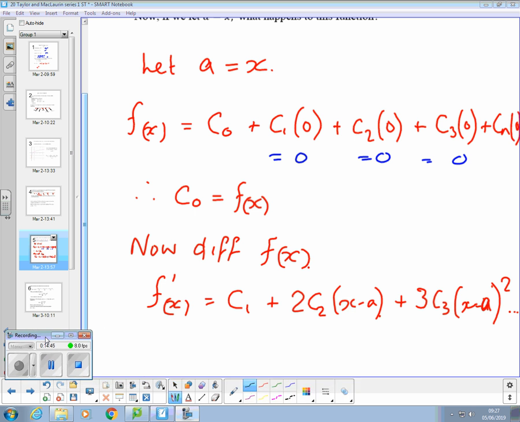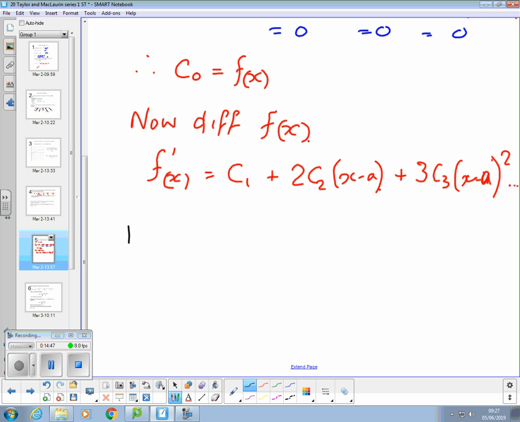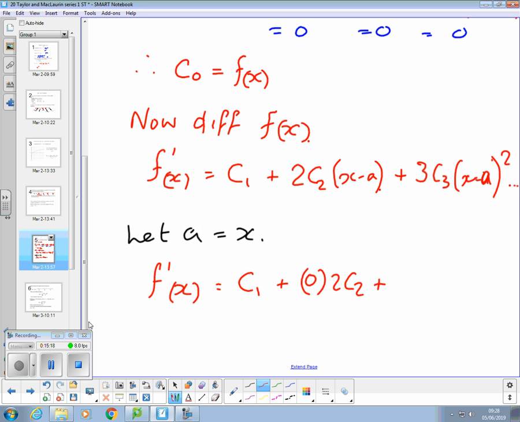We then let x equal a again. f dash of a equals C1 plus 0 times 2C2 plus 0 times 3C3 and so on.